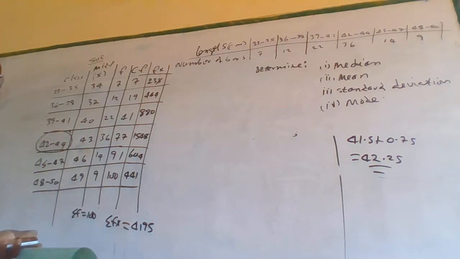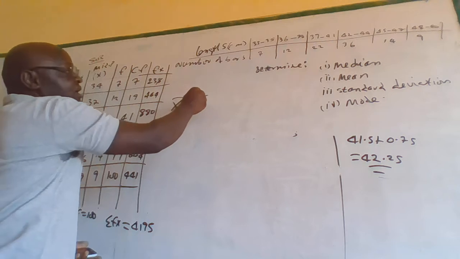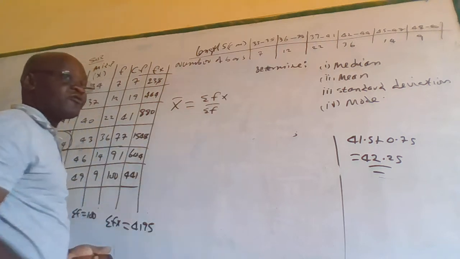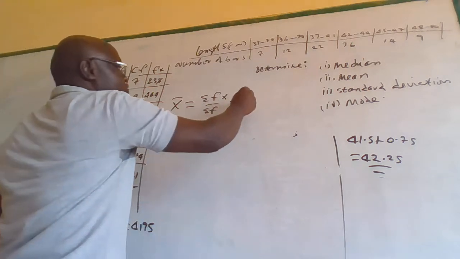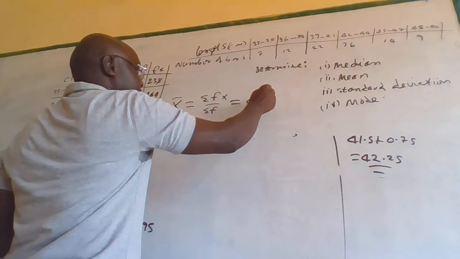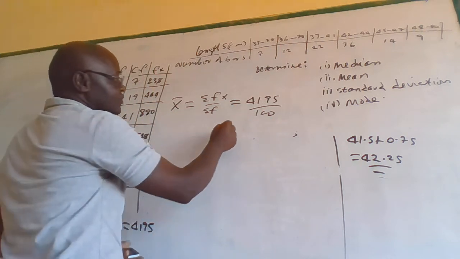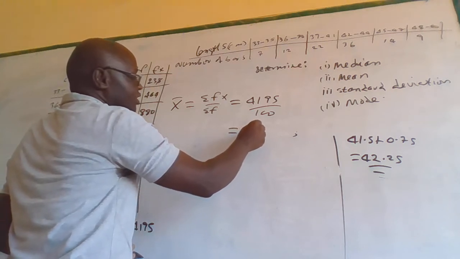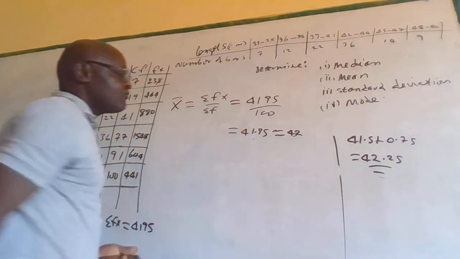4195. Then we know the mean is given by summation of f of x over summation of f. So this will be equal to 4195 over 100, which equals 41.95, approximately 42.